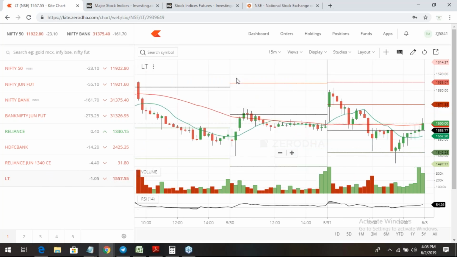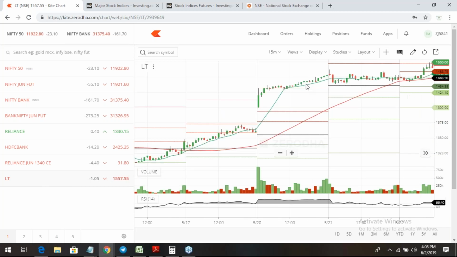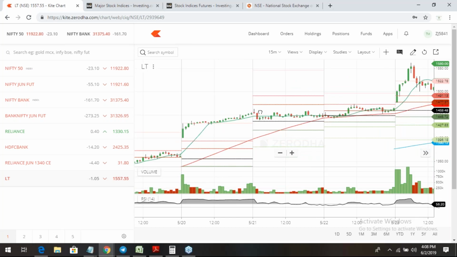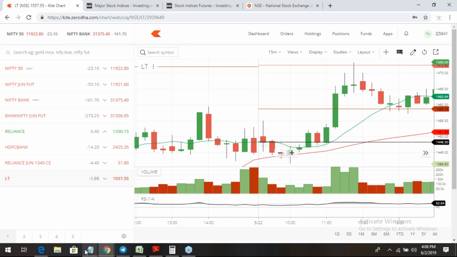Let's see, on the 22nd, at what time? 11:18. 11:18 means this candle.